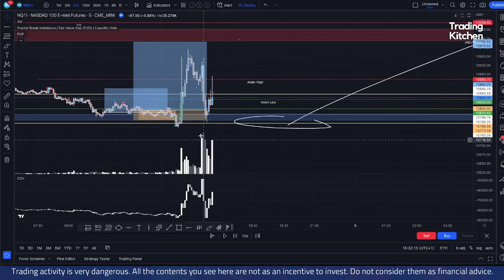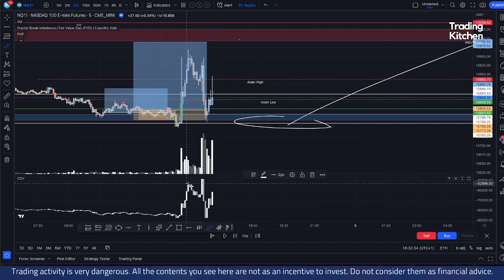We have decreasing bearish volumes, and now we have increasing bullish volumes, and this is confirmed from this CFD. But as you can see, we have CFD divergence. Here we have lower lows and higher highs.